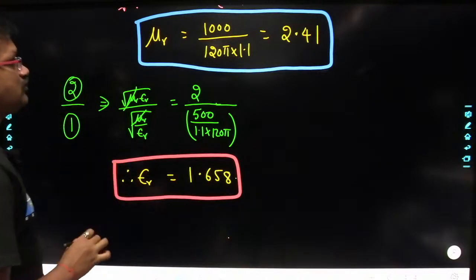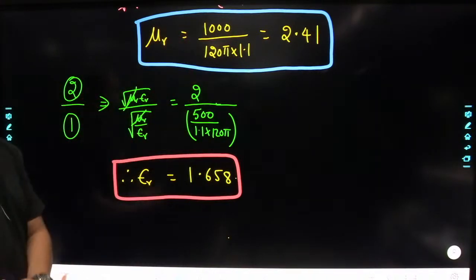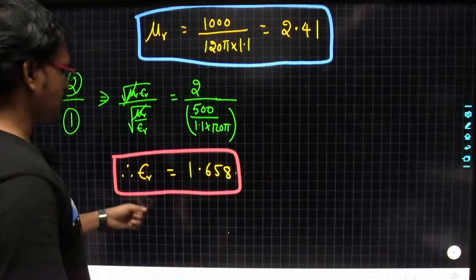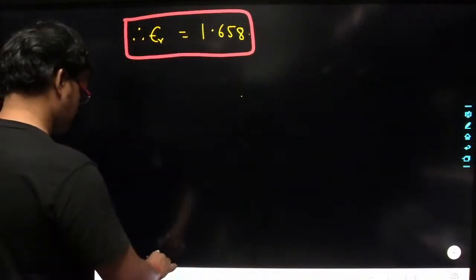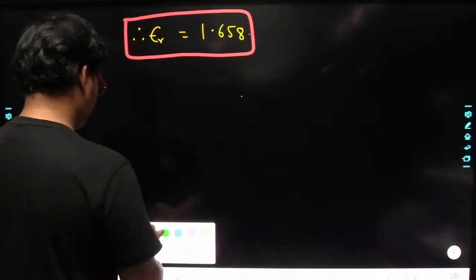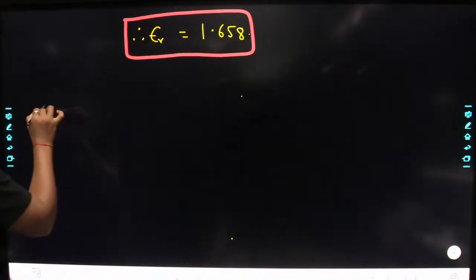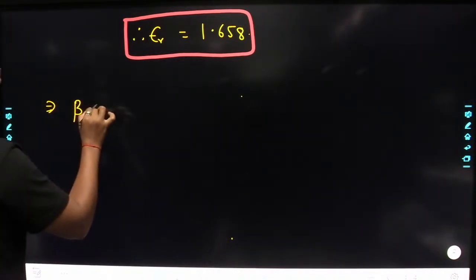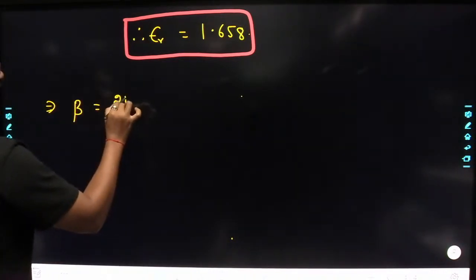So we got the values of epsilon r as well as mu r, right? So next, what are they asking here? They are asking for the phase constant. So what is the phase constant here? The phase constant beta is equal to 2 pi by lambda, yes or no?